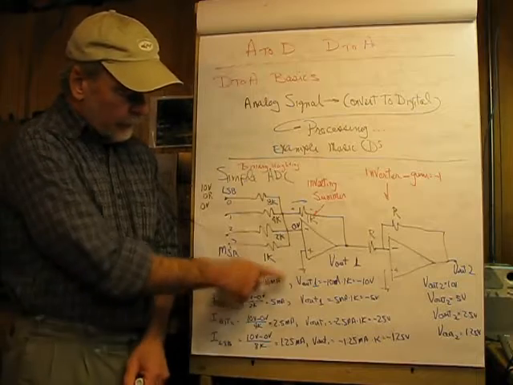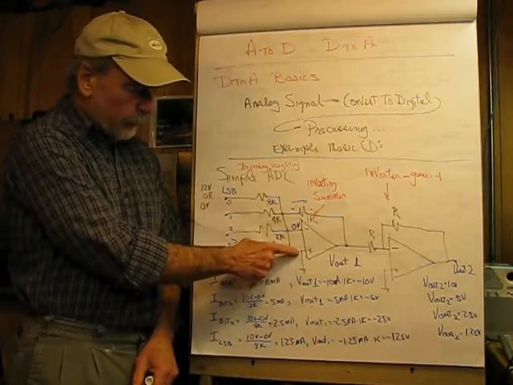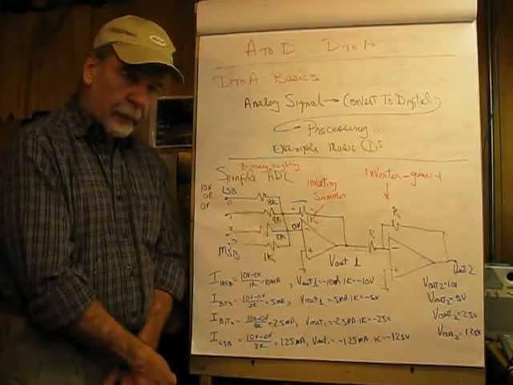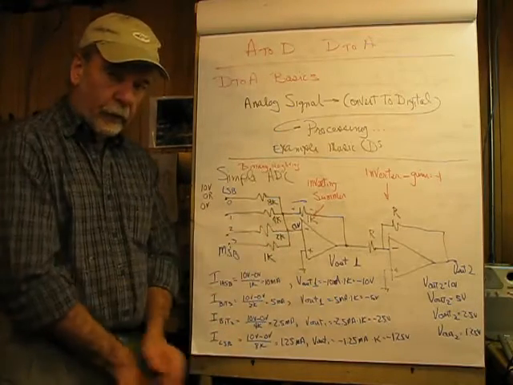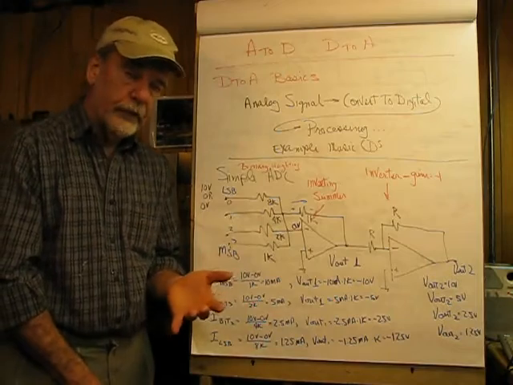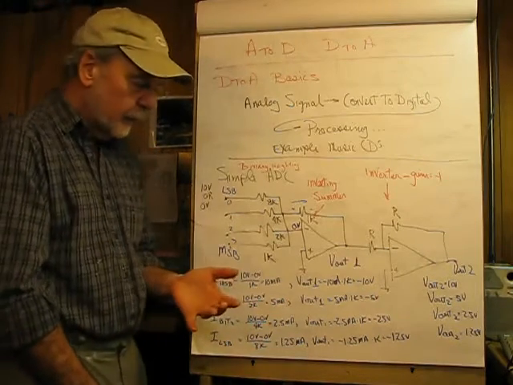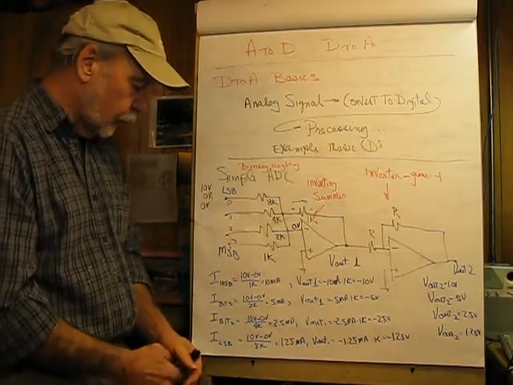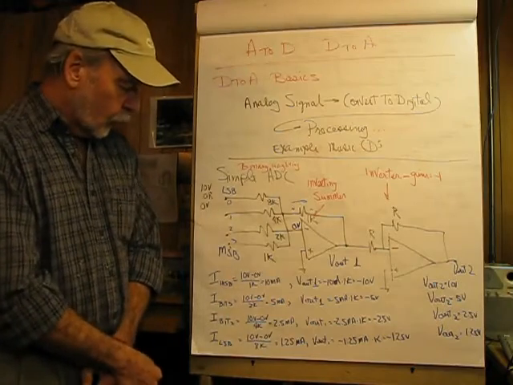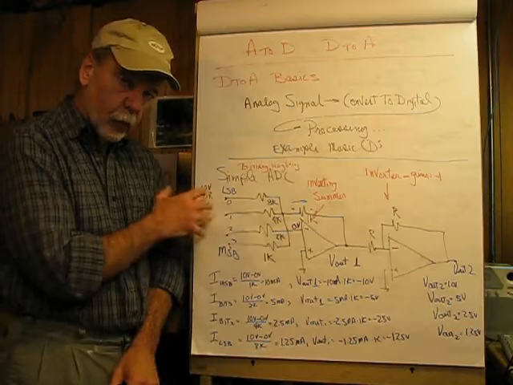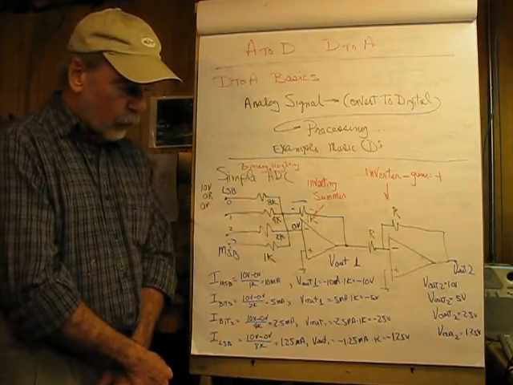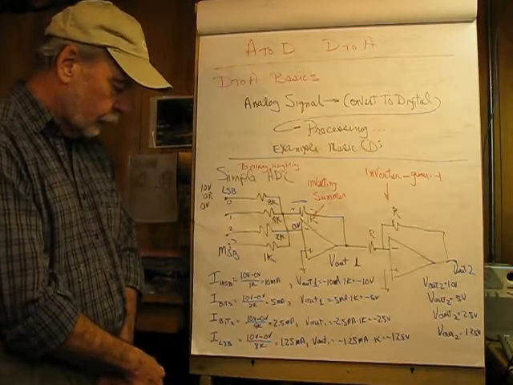What we know about the operational amplifier is that there's a virtual short between the inverting and non-inverting inputs, meaning that this point we can treat as 0 volts for all practical purposes, and that makes the analysis fairly straightforward. We're going to use superposition and analyze one bit at a time, and then combine everything together downstream.